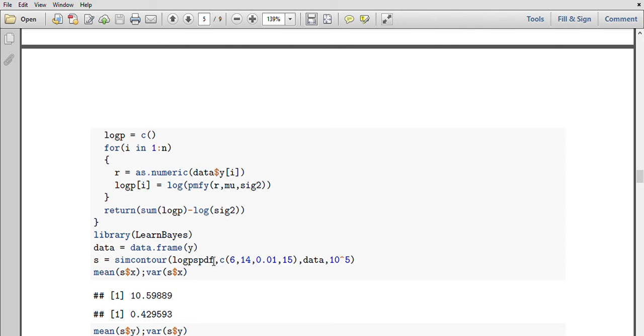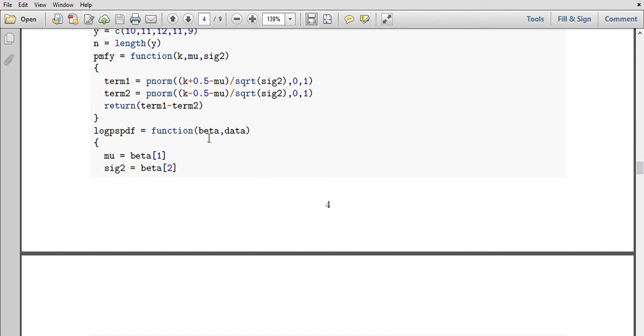The requirements are that the first argument of the function must be the set of parameters, and the second argument must be a data frame which includes the data. So we are following the pattern which is needed by the LearnBayes package. For better understanding, you can try running the R code shared in this file line by line, and you can try making changes in the code.